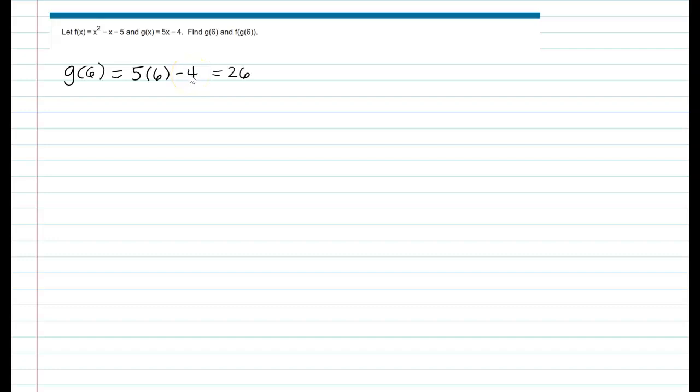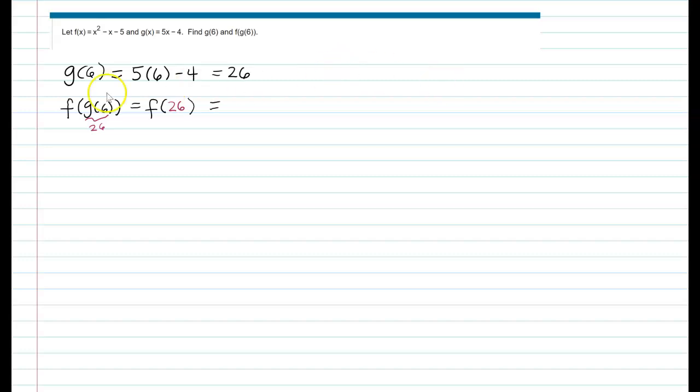Then next, you want to find f of g of 6. But what is g of 6? We already got a value for g of 6, and that is 26. So this is just equal to f of 26.